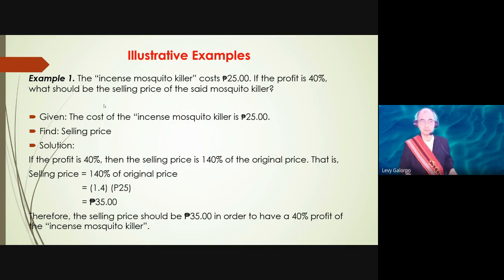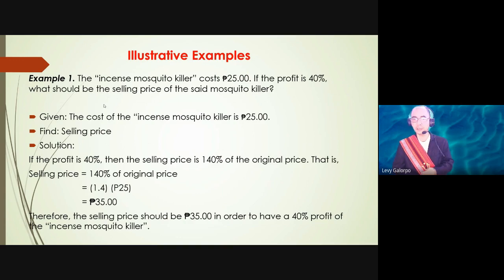Now, let us find the selling price. And here it is, our solution. If the profit is 40%, then the selling price is 140% of the original price. Bakit natin nakuha yung 140%? Saan ba nakuha yan? Di ba sabi, 40% daw yung magiging profit.